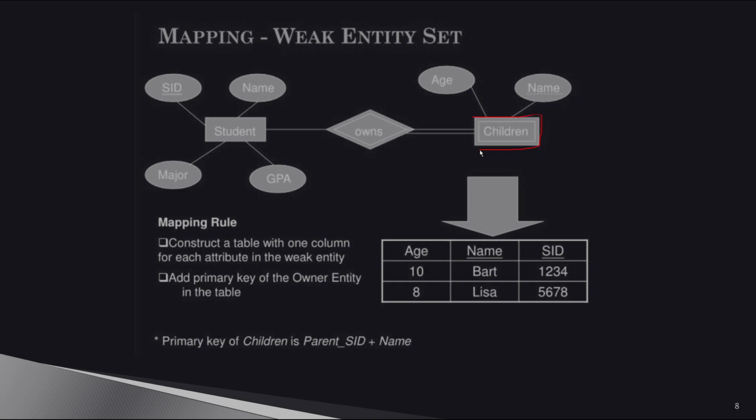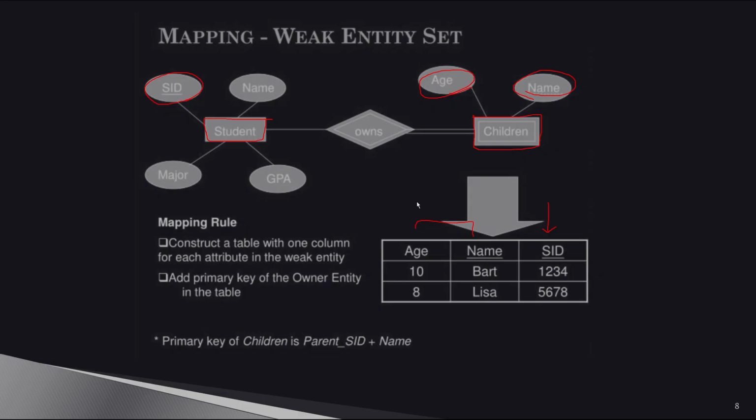So we have a weak entity, children, and a strong entity, student. The weak entity is going to have 2 attributes here, age and name, and these are going to be columns here. But we're also going to add a column for the primary key, in this case a foreign key, of the student that is associated with that child.